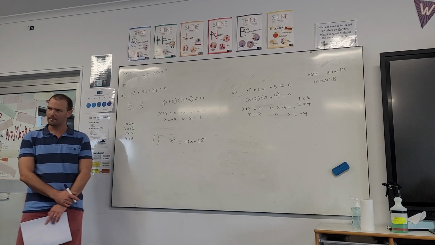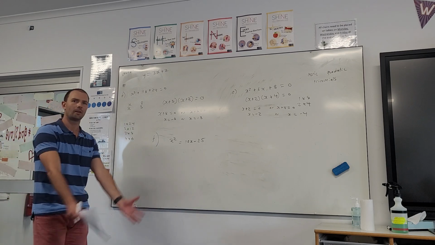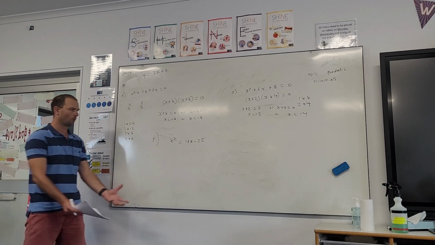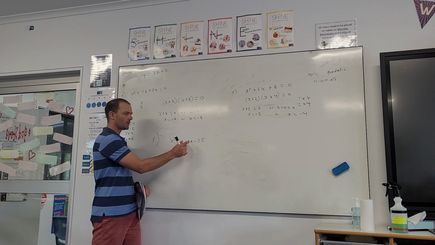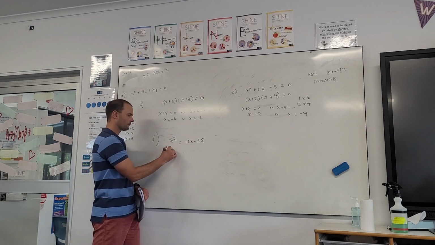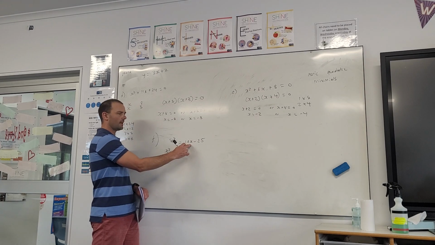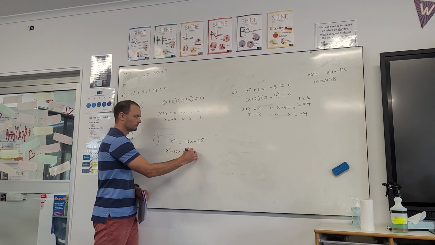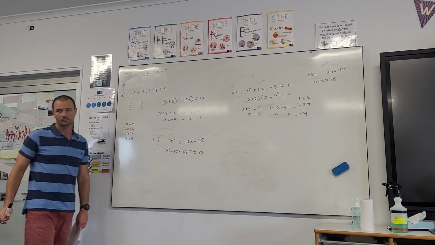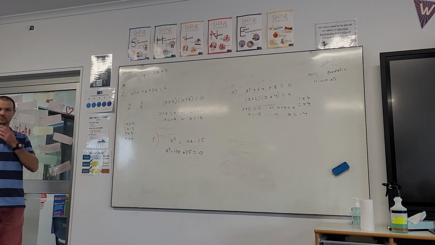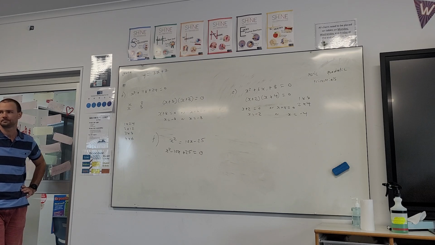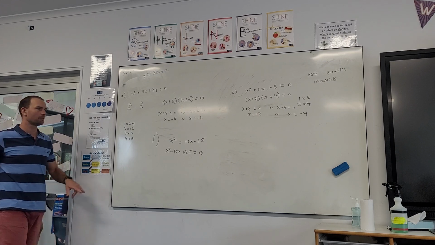So our first step is always put everything on the left-hand side, right? Put all of the terms on one side. So I'm going to take away 10x to eliminate it there, and I'm going to add 25. Alright, so I've just moved both of these terms over.